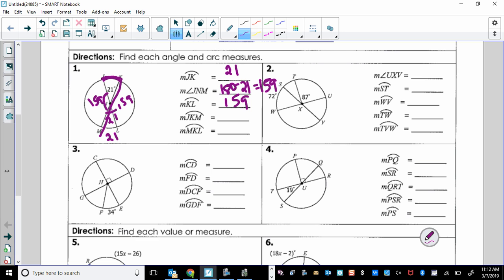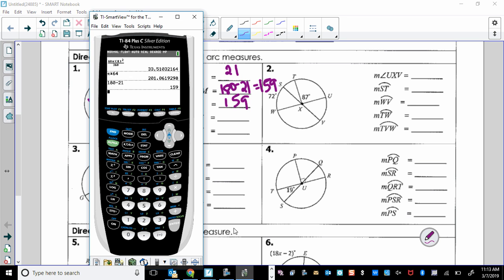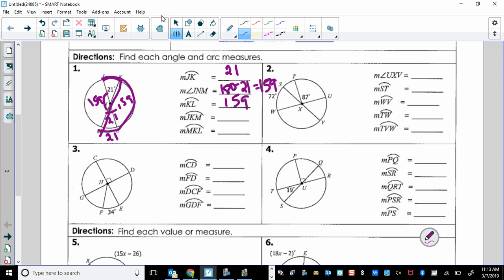So you add 159 plus 21 plus 21, which is 201. And the last one is MKL.